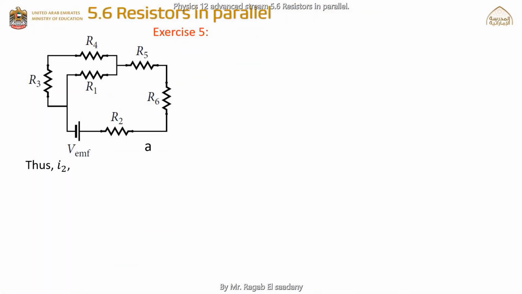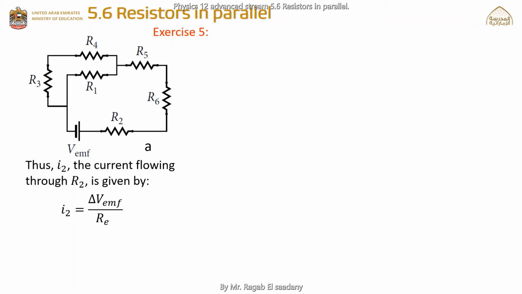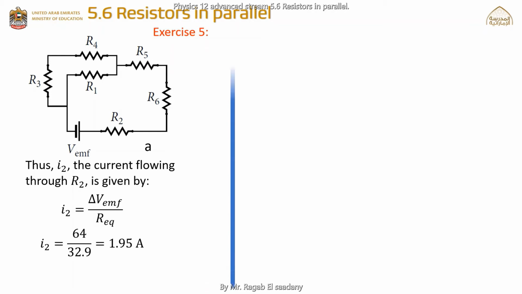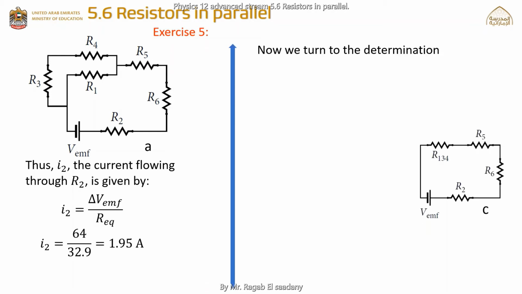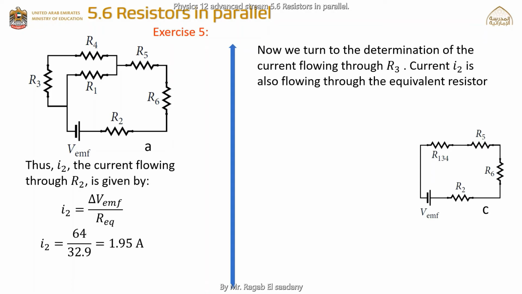Thus, I2, the current flowing through R2, is given by I2 equals delta V EMF divided by R equivalent, equals 64 divided by 32.9, equals 1.95 amperes. Now we turn to determining the current flowing through R3. Current I2 is also flowing through the equivalent resistor R134 that contains R3.